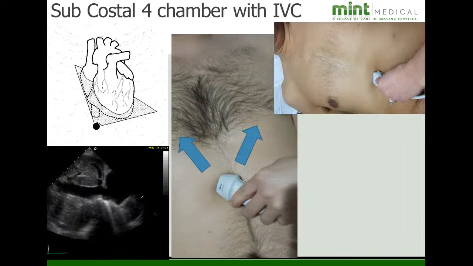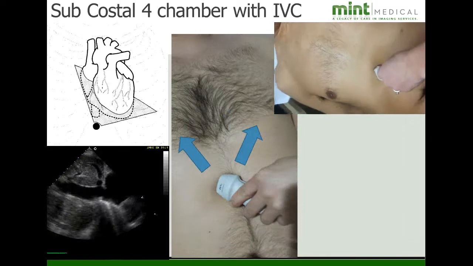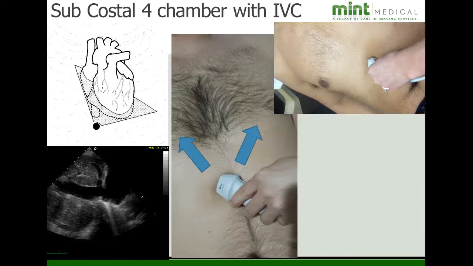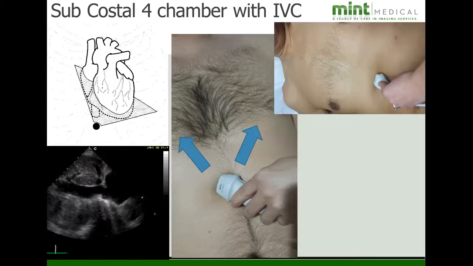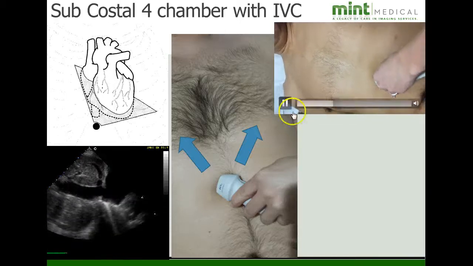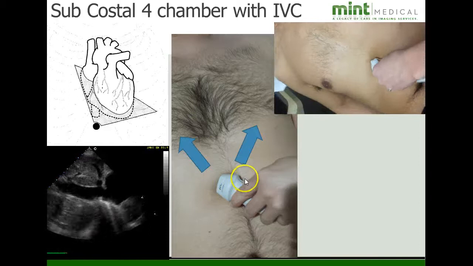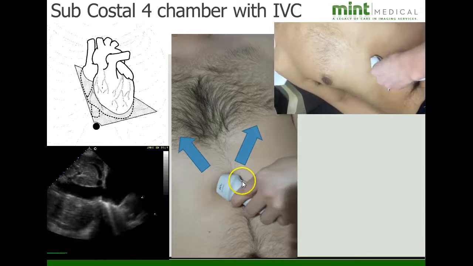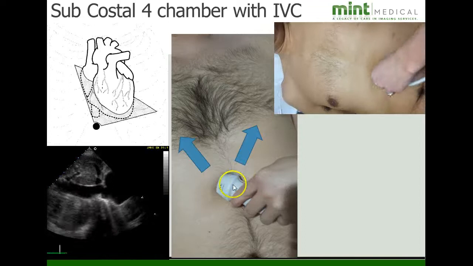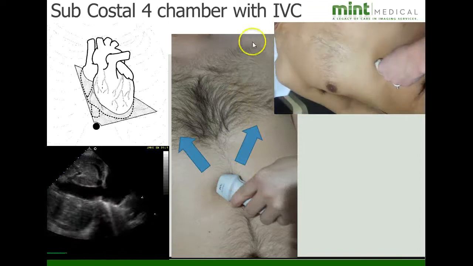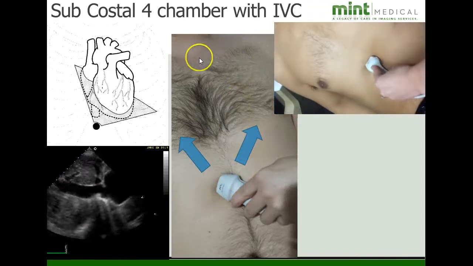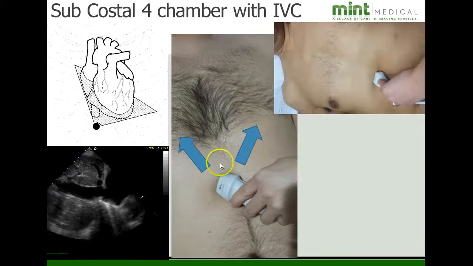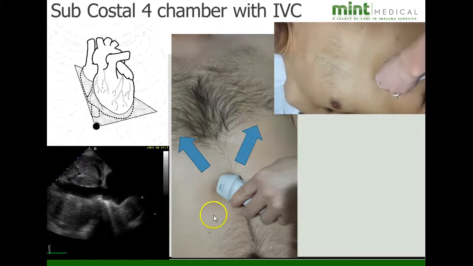The next view from the subcostal position will be looking at the inferior vena cava. So this is called a subcostal 4-chamber with IVC. And basically, you're going to take your transducer, your indicator that was at 3 o'clock is going to basically rotate over, and you're going to now, instead of looking towards between the person's sternum and the left shoulder where the heart is, you're going to actually rotate the back end of the transducer.